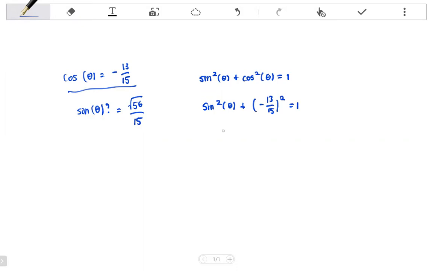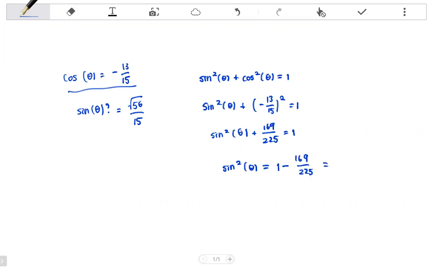And if we simplify that, that's going to be sine squared theta plus 169 over 225 equals 1. So sine squared theta, we want to move this to the other side. So 1 minus 169 over 225.